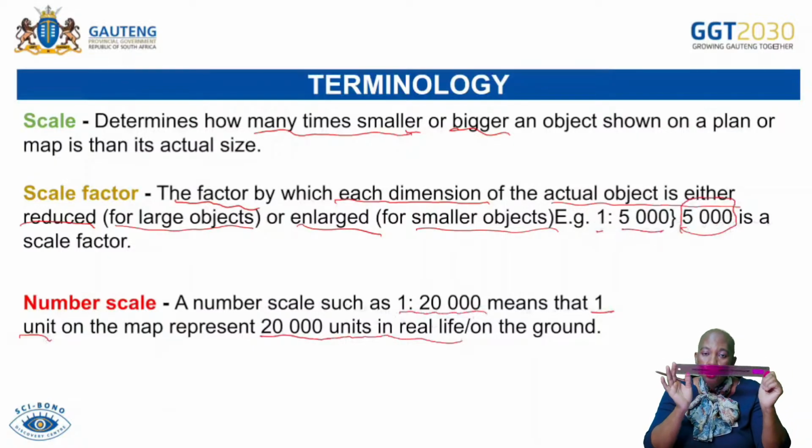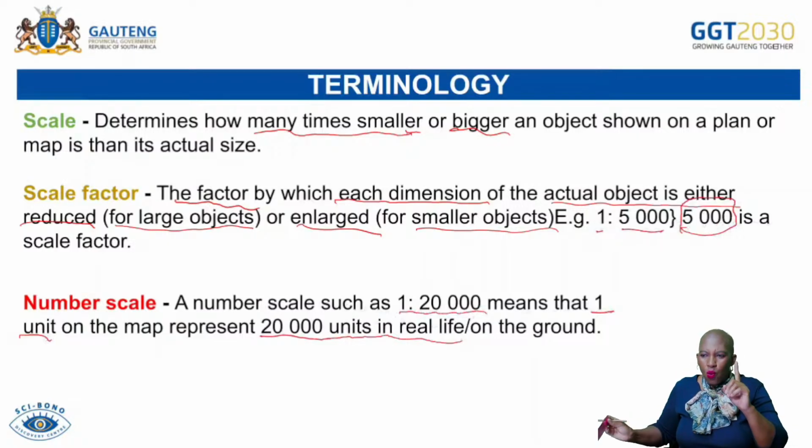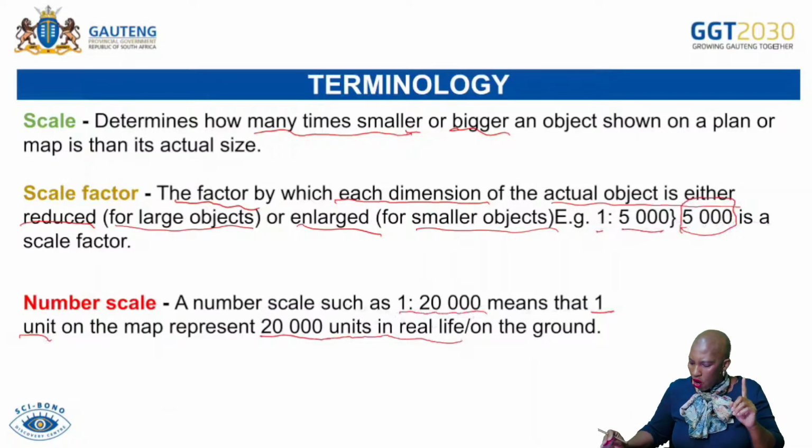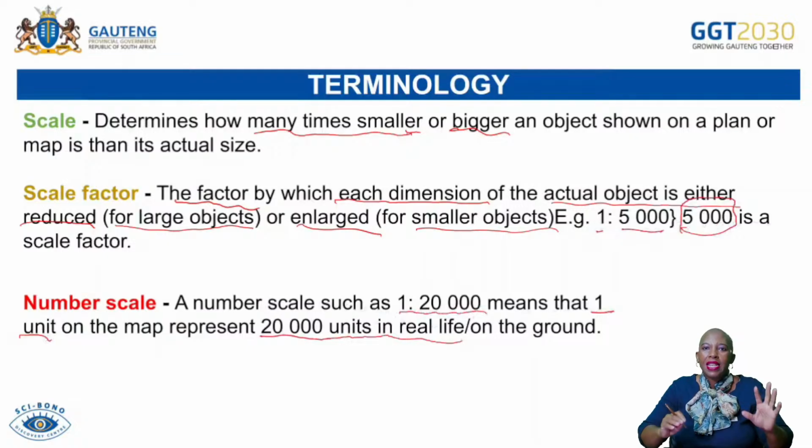There's no way you're going to work with scales without a ruler. A ruler must always be present. So 1 unit, 1 centimeter on the map, will represent 20,000 units in real life.